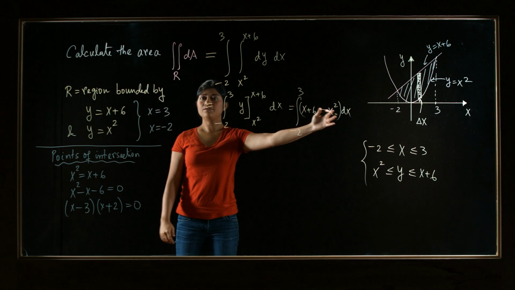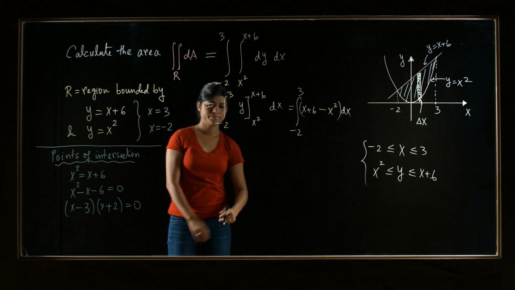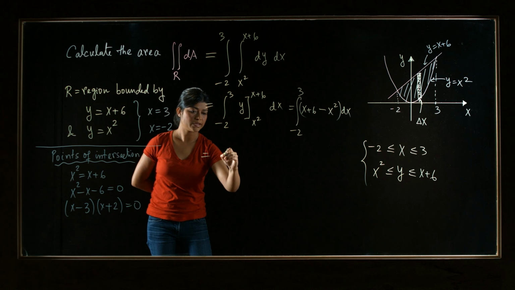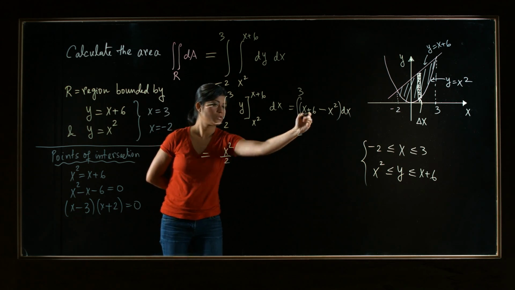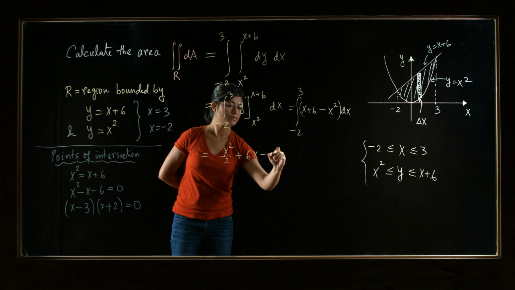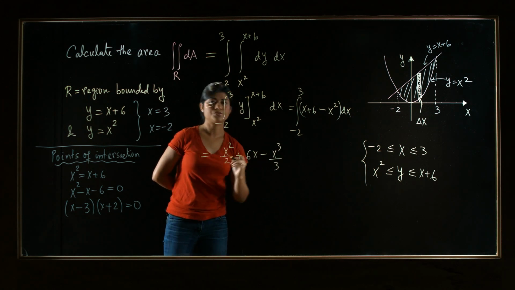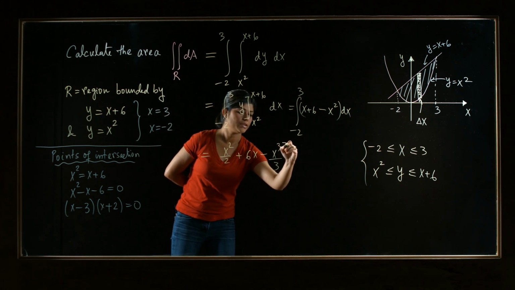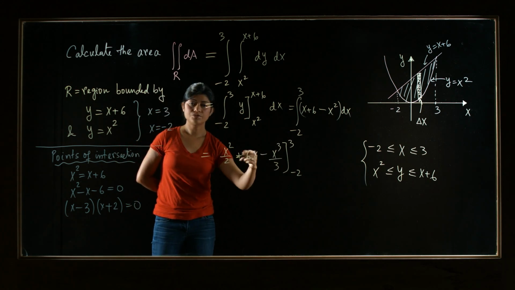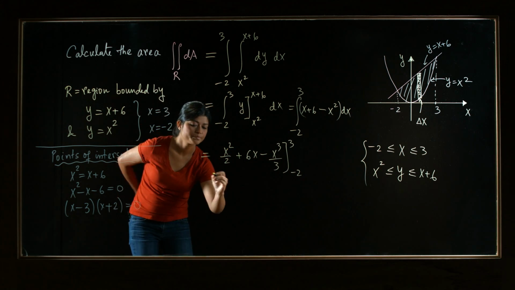And now we just have one integral in x. So the antiderivative is x squared over 2 plus 6x minus x cubed over 3. And then between negative 2 and 3, now you just plug in 3 and plug in negative 2 and subtract.